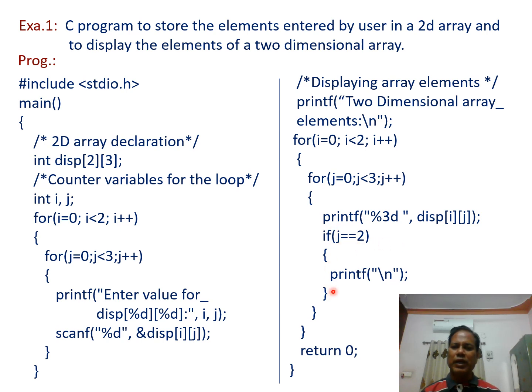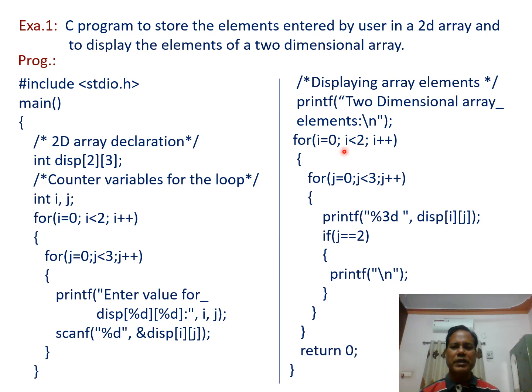Then the body of the if statement is executed, and it uses printf \n just to bring the cursor to the beginning of the next row. After that the value of i is incremented, and this time the value becomes 1.